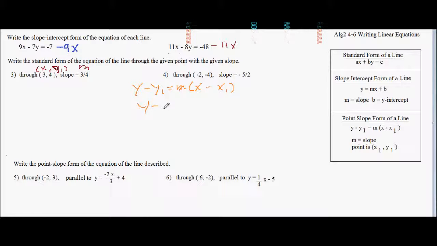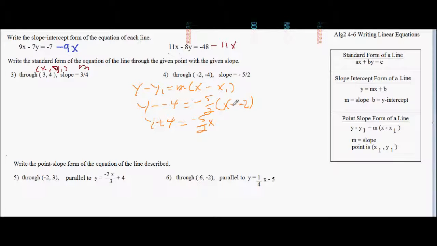So y minus y1 is minus 4, and m, which is minus 5 over 2, times x minus a minus minus 2, right? So this is y plus 4 equals minus 5 over 2 times x.